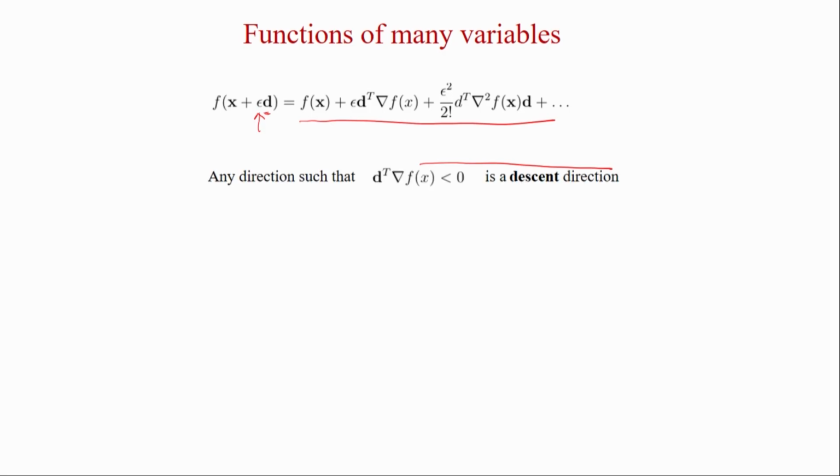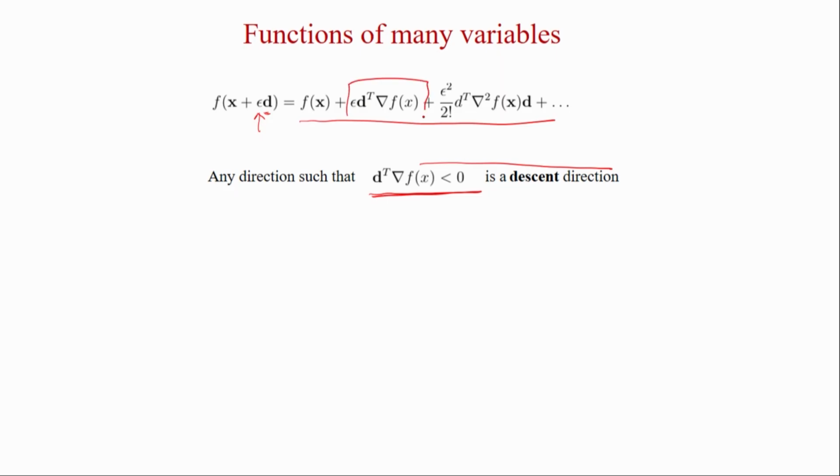What is important to remember in this function of many variables, and in the constrained case which we will talk about, is that the negative derivative is still a good direction to move. We saw that d into f prime of x being less than 0 always gave us a decrease. The equivalent statement in higher dimension is d transpose del f of x is less than 0, right?